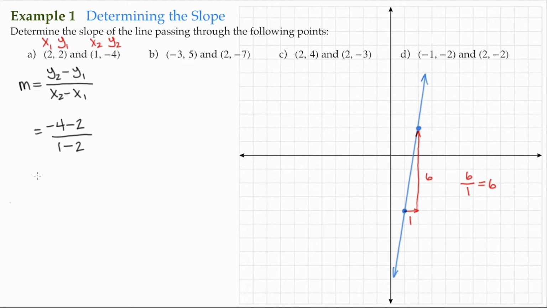Negative 4 minus 2, that's negative 6. 1 minus 2, that's negative 1. Negative 6 over negative 1 is 6, which is what we came up with when we did it graphically, visually. But we're going to do the rest of these mathematically using the slope formula.